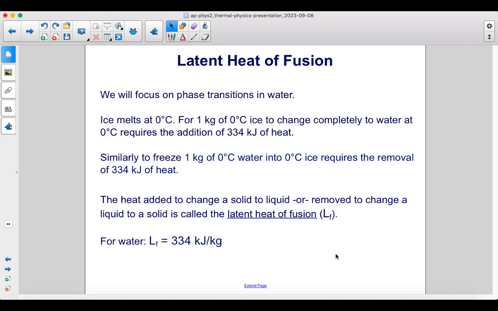Similarly, to freeze 1 kilogram of 0 degree water into 0 degree ice requires the removal of 334 kilojoules of heat. The heat added to change a solid to liquid or removed to change a liquid to a solid is called the latent heat of fusion, L sub F. For water, L sub F is 334 kilojoules per kilogram.